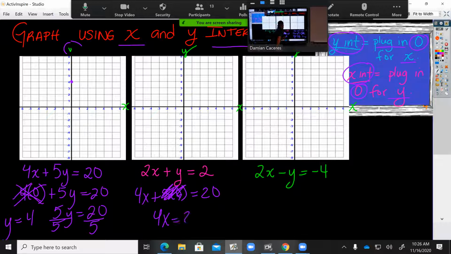So what we have is 4x equals 20. You divide both sides by the coefficient, and we get x equals positive 5. That means on the x-axis, you mark positive 5. What can you draw if you have 2 dots? A line. Done. We graphed it. Does that make sense?